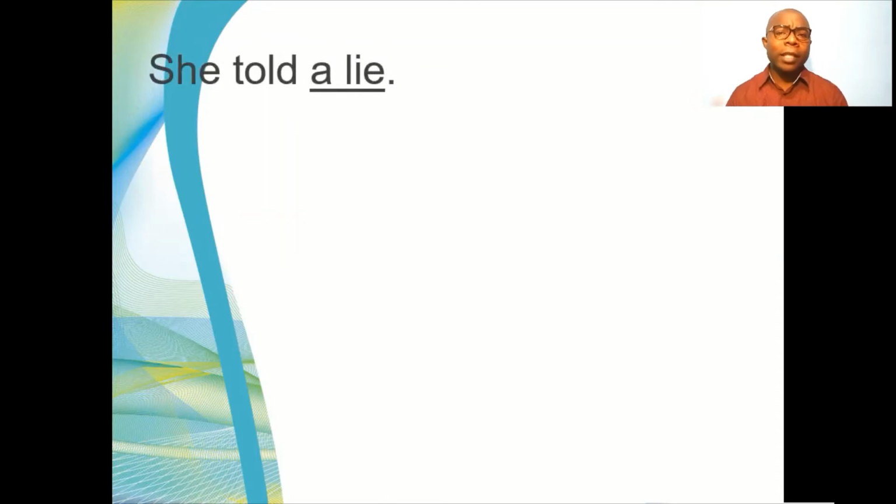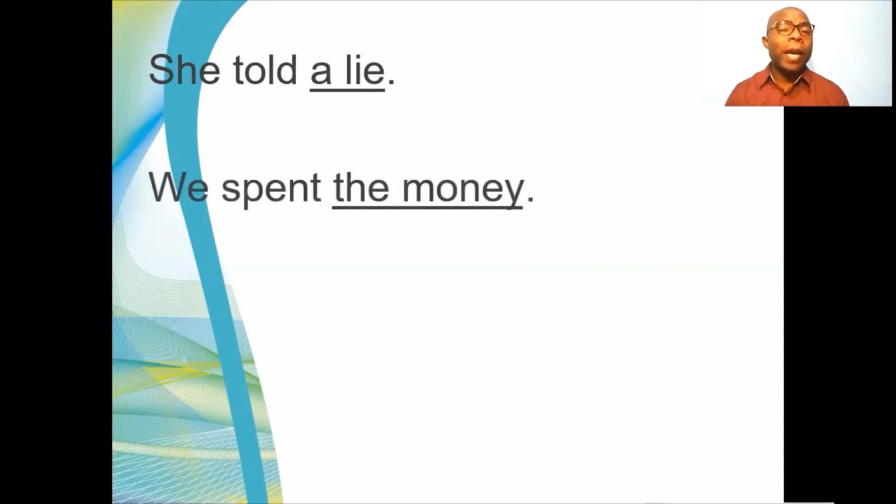Now let's go back to the example we saw. She told a lie. Now, a lie is the object. Now the sense is complete. The telling is transmitted to what? A lie. And it answers the question, what? We spent what? The money.